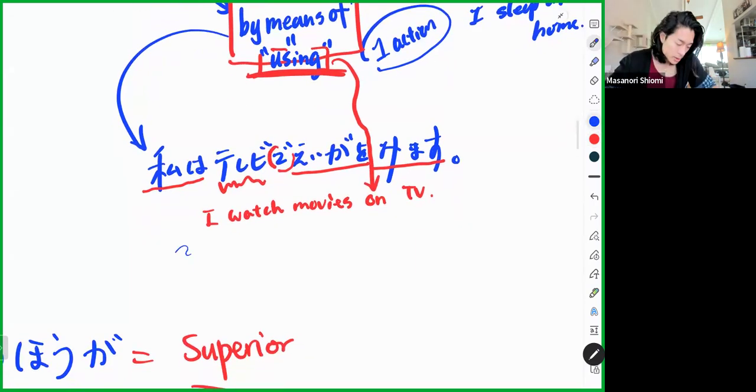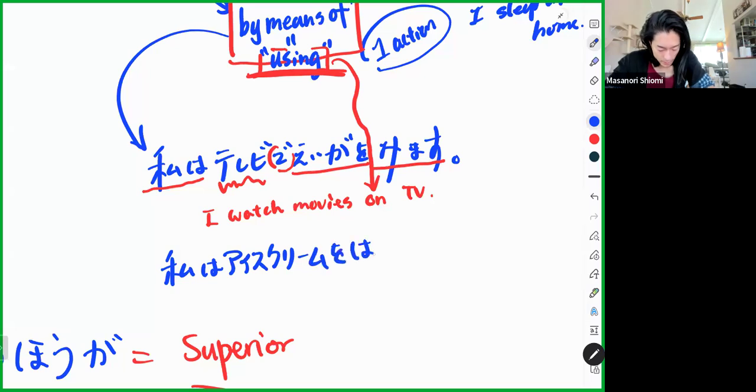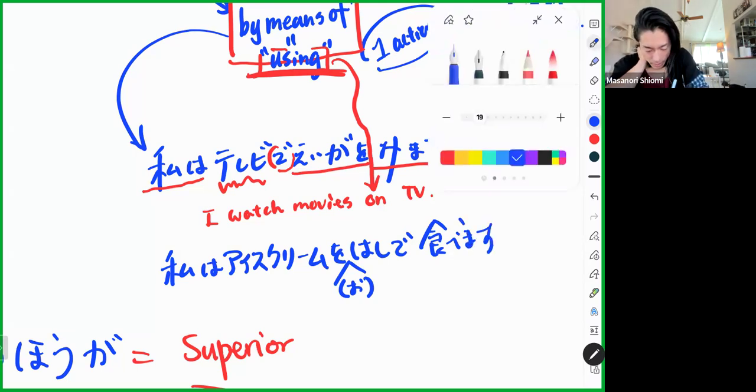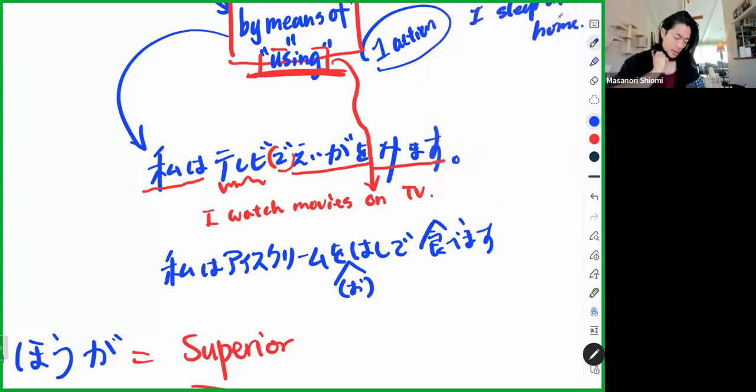Or if I say 私はアイスクリームをお箸で食べます, usually we put the polite prefix お to chopsticks, or hashi. Let me make the pen thinner. Okay.